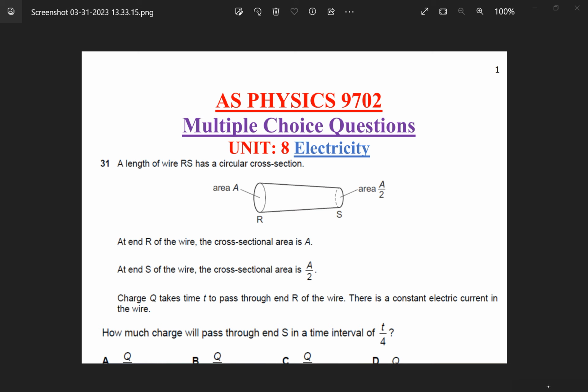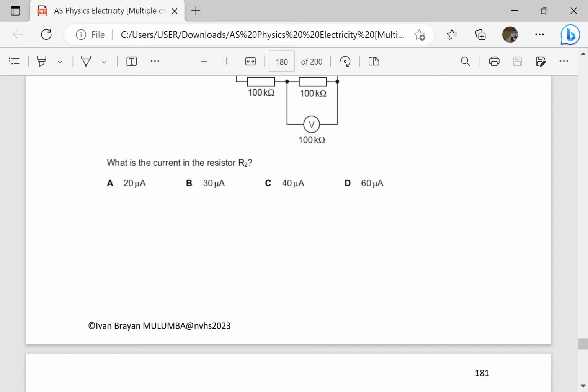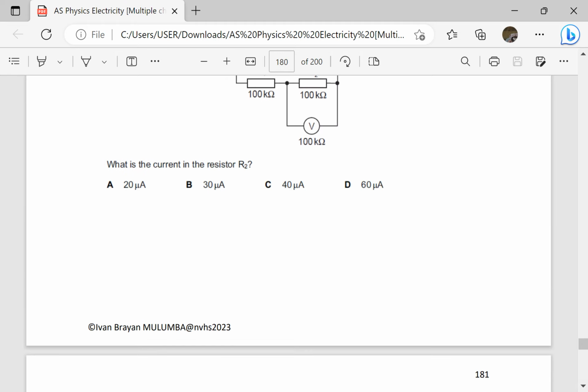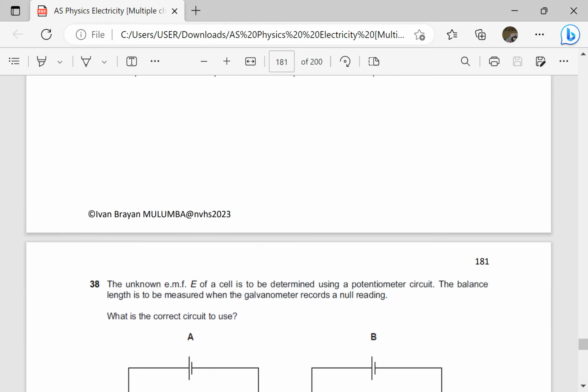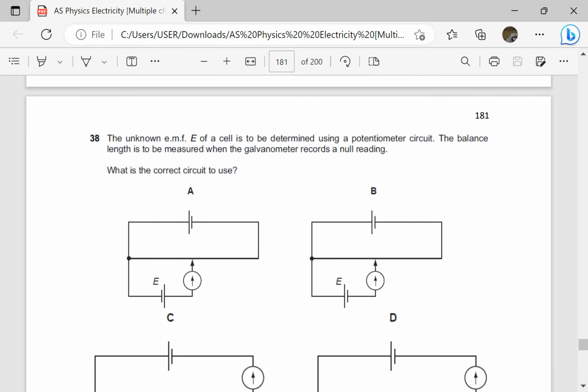I don't want to waste much time. I want to take you to the document and we go to part 8 of DC circuits and electricity. I think in part 8 we stopped at page 180, and in part 9, I want us to start from page 181. Okay.